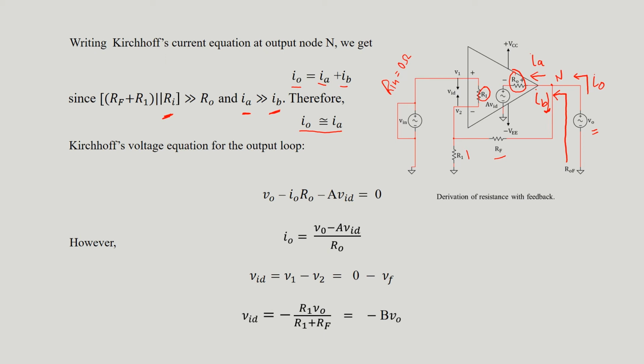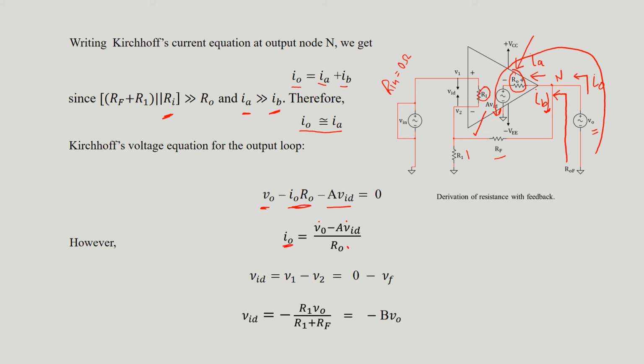So applying Kirchhoff's voltage law to this output loop, we get V naught minus I naught into R naught minus A VID equal to 0. From here we can calculate I naught equal to V naught minus A VID divided by R naught.